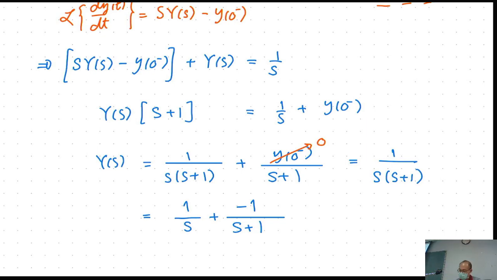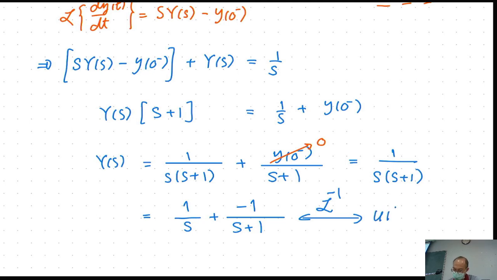Now here we have two terms, 1 over s and minus 1 over (s plus 1). We recognize these already. If you take the inverse Laplace transform, the first is going to be u(t), and the second is going to be an exponential.